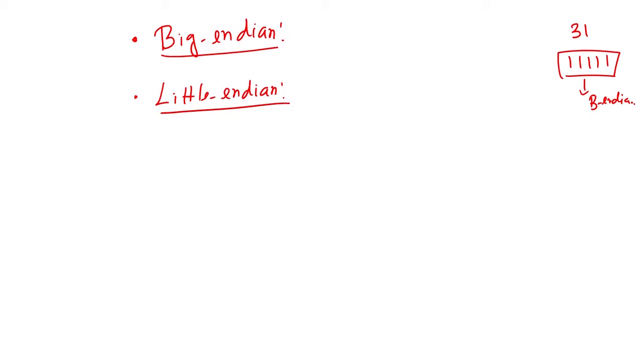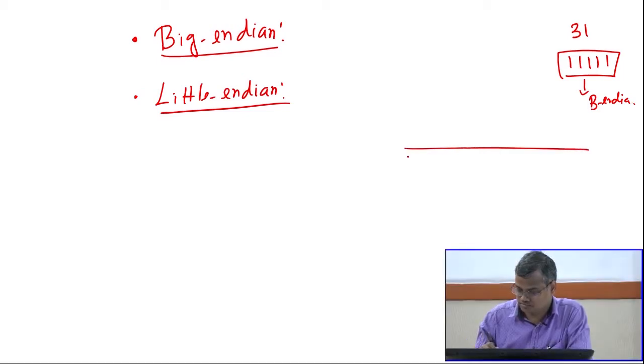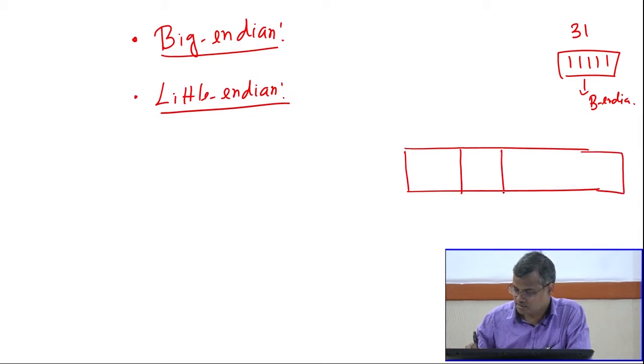So, you represent 31 in 32 bits. This is 1, 2, 3, 4, 5, only 5 bits.